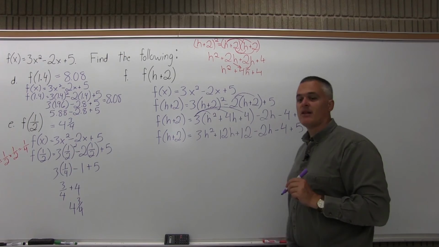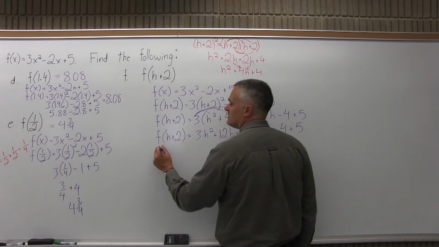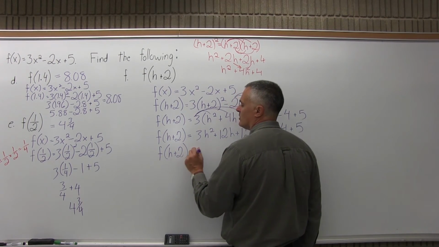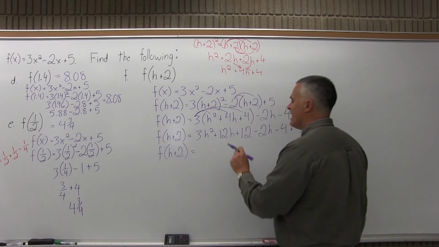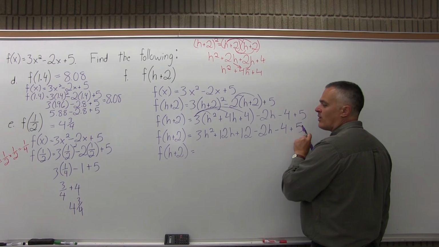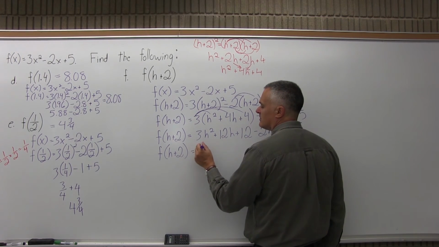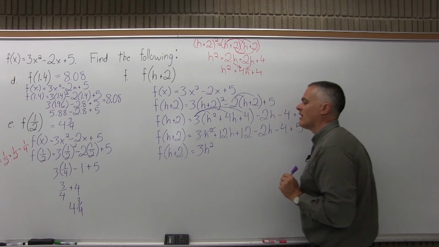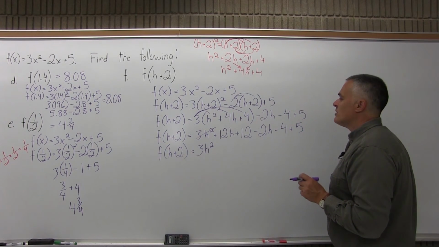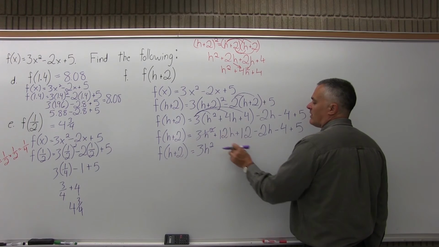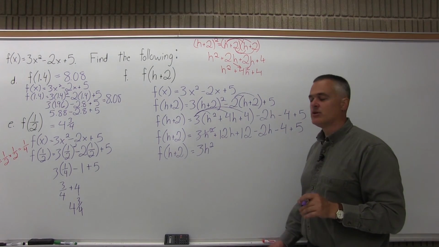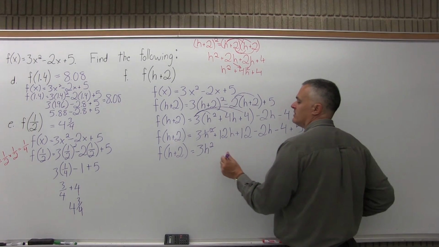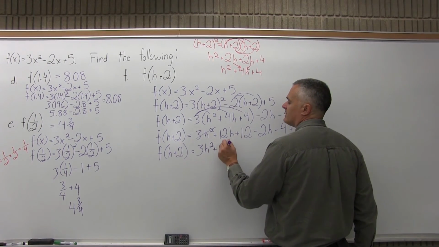Now I can combine my like terms. So f of h plus 2 equals, so I have a 3h squared in the beginning. And as I look through all the other terms, there are no others with an h squared. So I have 3h squared, and that's done, so I'll cross it off. Now, terms with an h, I have a positive 12h and a negative 2h showing up in 2 different parts of the problem. Well, I can combine those because they both have an h. Positive 12, negative 2 is going to be positive 10h.